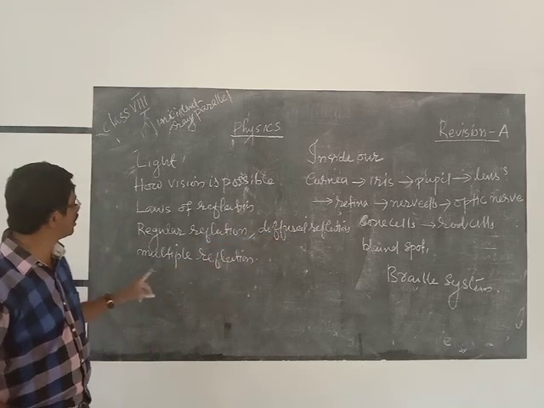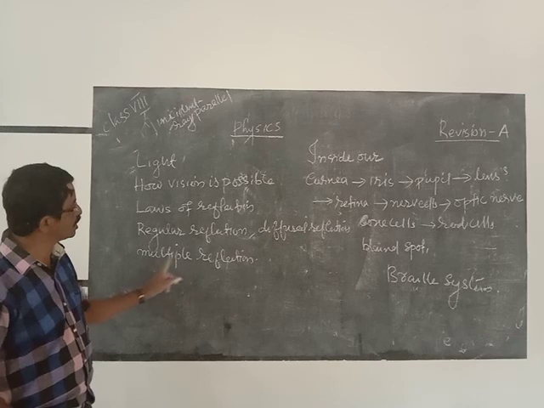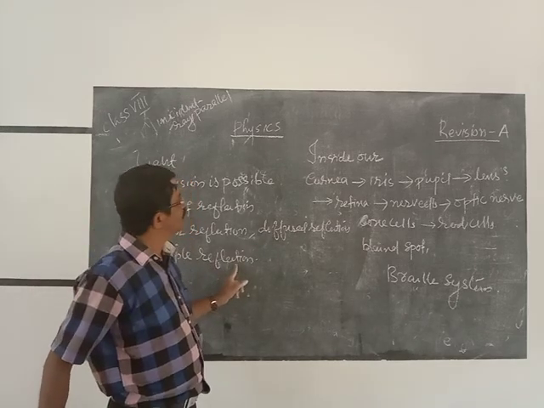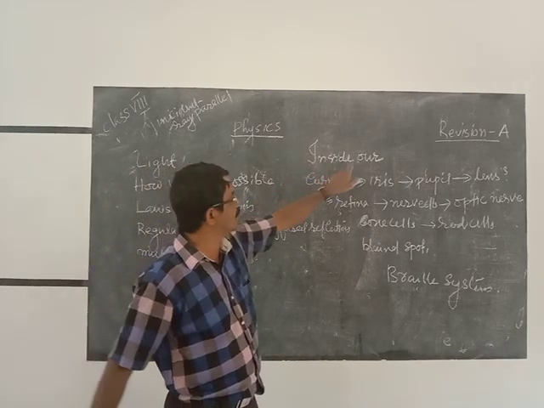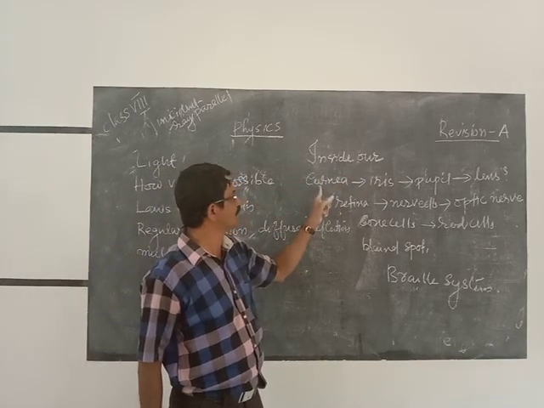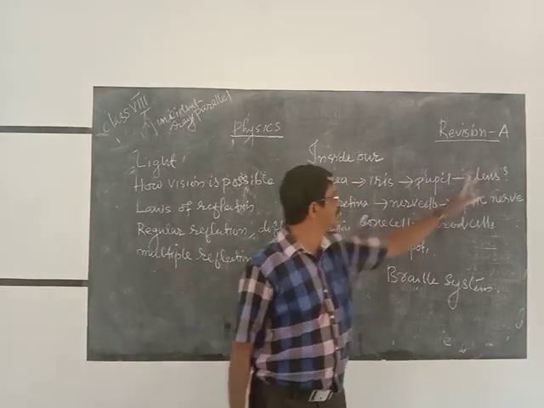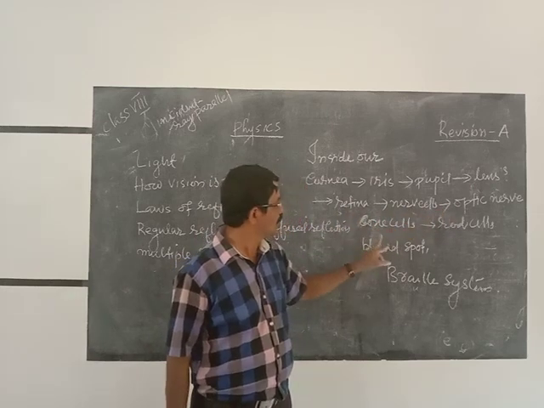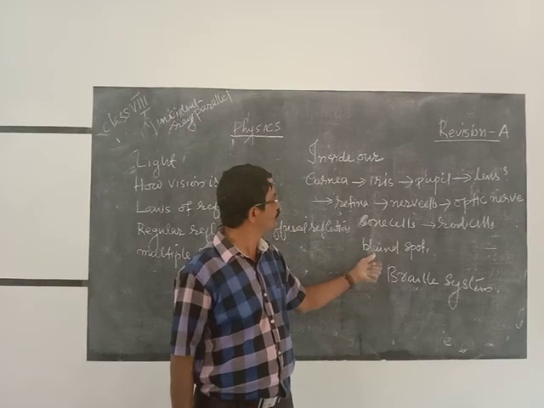Then image formed by a plane mirror. Then multiple reflection, that is applied in kaleidoscope and periscope. What are the parts inside our eye? Cornea, iris, pupil, lens, retina, nerve cells, optic nerve, cone cells, rod cells. Then there is blind spot.